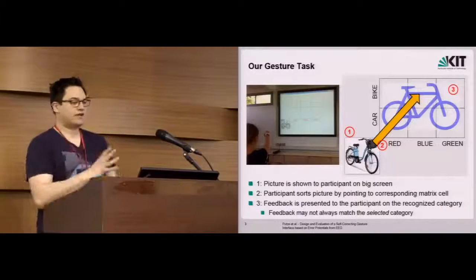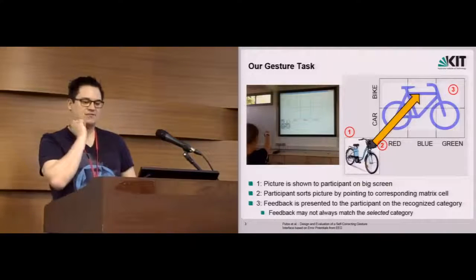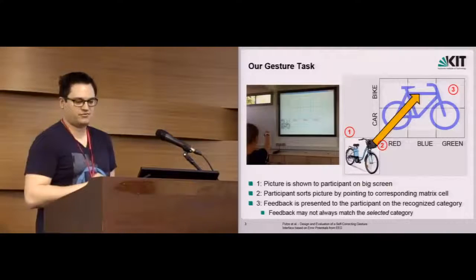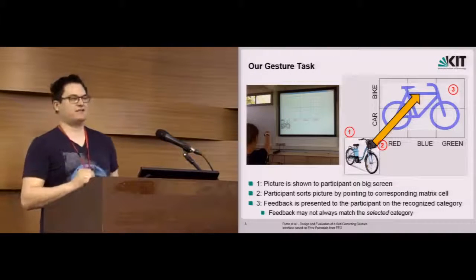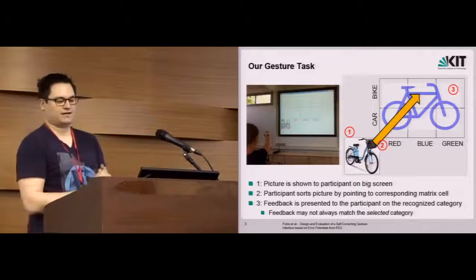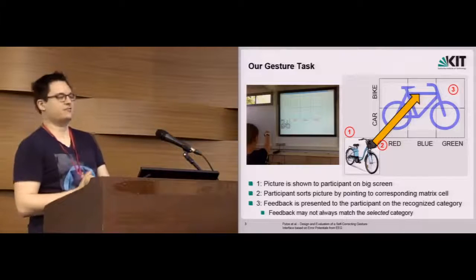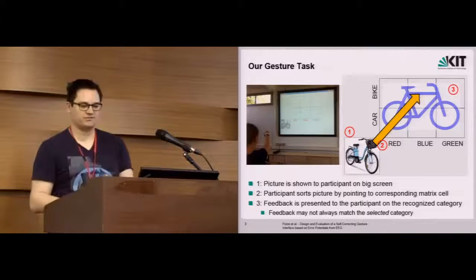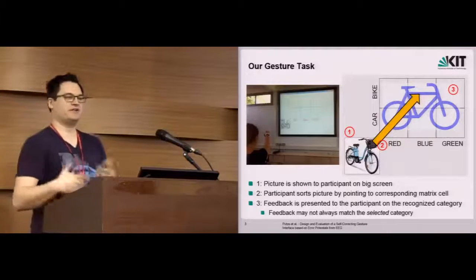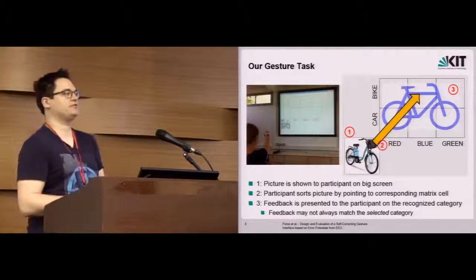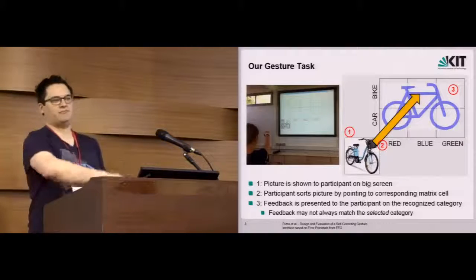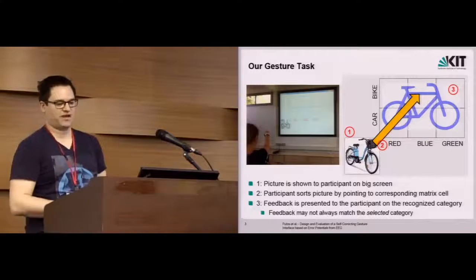But before we look into that, let me take a brief look at the gesture task we are working with. It's a picture categorization task where a picture and a category matrix were shown to the participant on a large screen. The participant had the task to assign the category to the picture by pointing to the corresponding matrix cell.